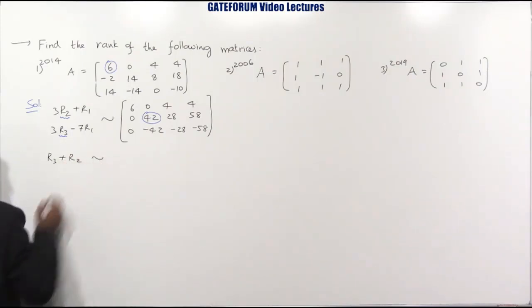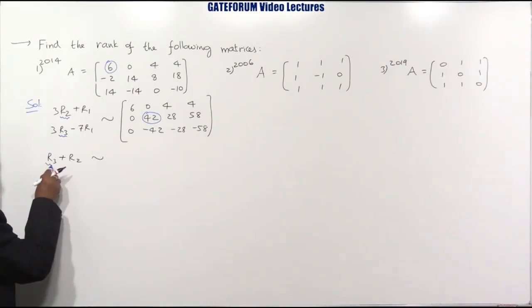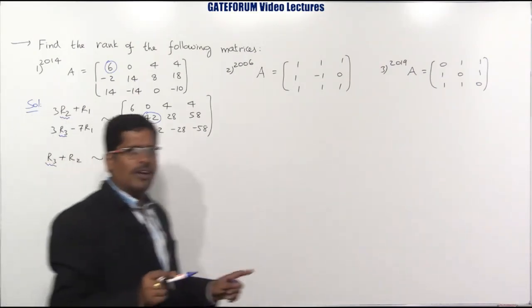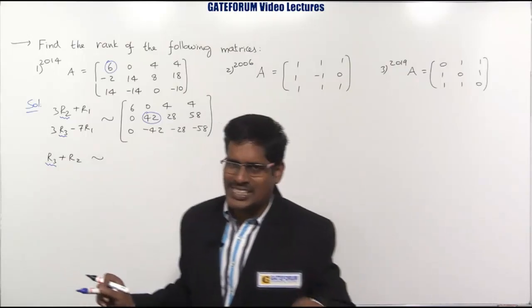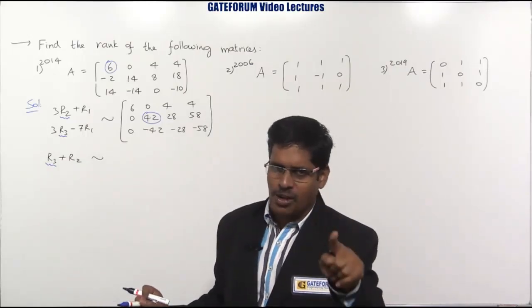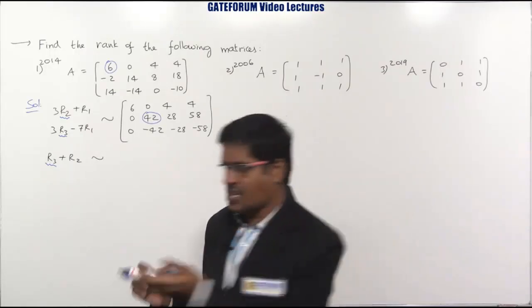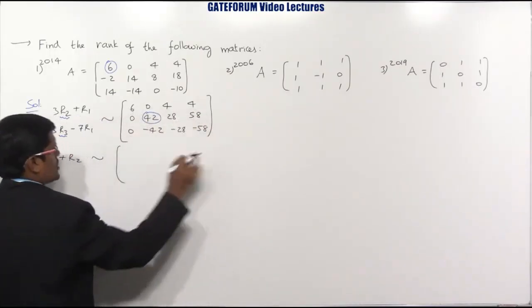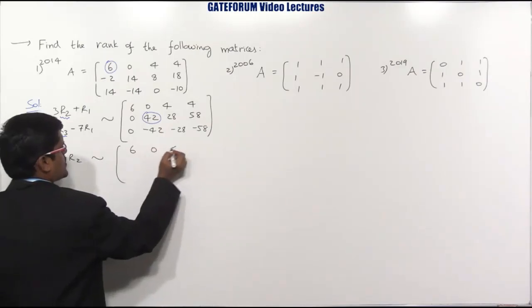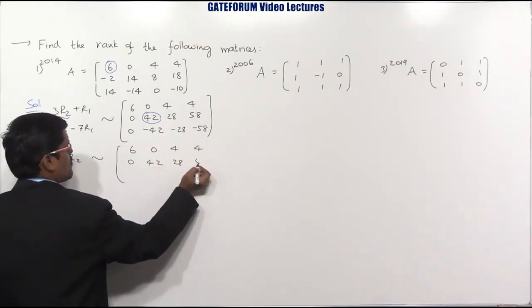So equivalent to. Again you will get another new matrix by changing only R3, because I took only one row operation, which I put first here, R3. So in the next matrix, only the third row changes. The first row and second row remain unchanged. You will get them as they are: 6, 0, 4, 4, and 0, 42, 28, 58.